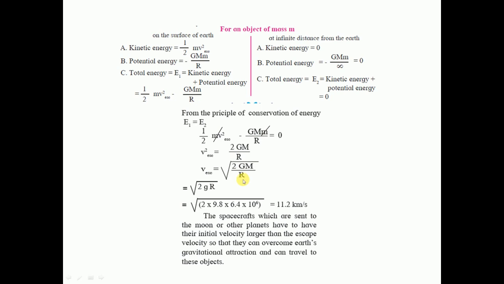Now if you calculate the value, we know the value of G, that is 6.673 into 10 to the power minus 11. Mass is 6 into 10 to the power 24, and r is 6.4 into 10 to the power 6 meters. So when you substitute all these values, you get the value 11.2 kilometer per second.